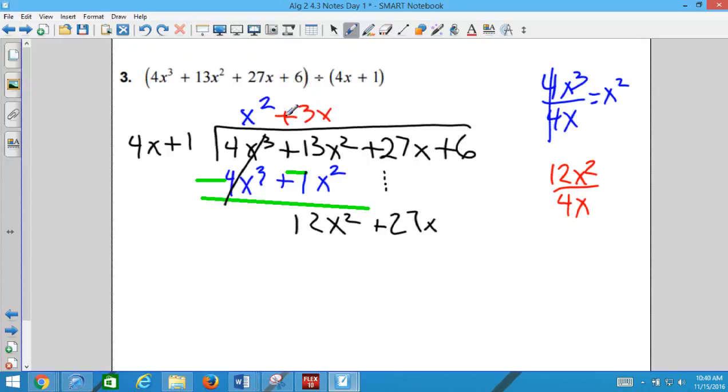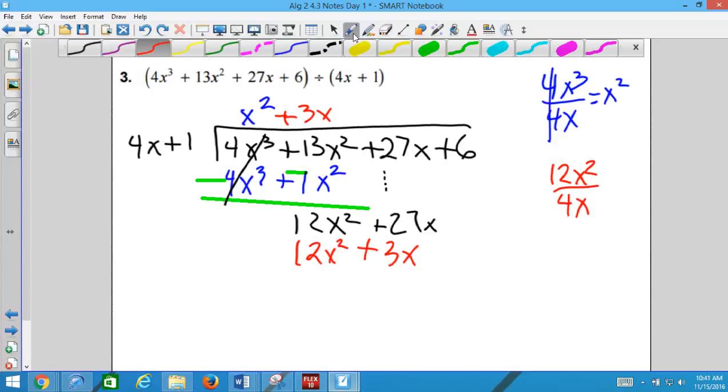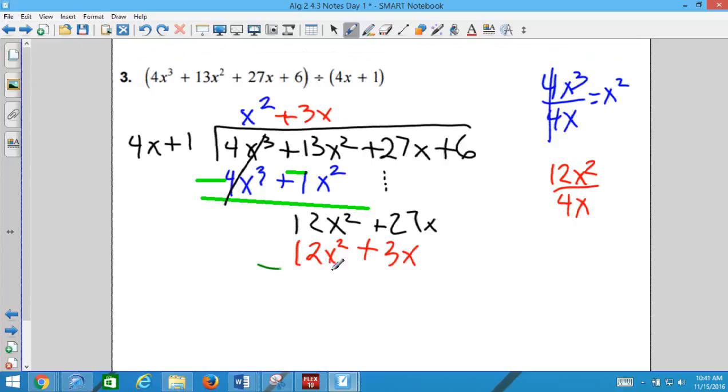Then I distribute it, and I get 12x squared plus 3x. Did I forget to bring, oh no I didn't. Then we draw the line, change the signs, add them. 24x, bring down 6.